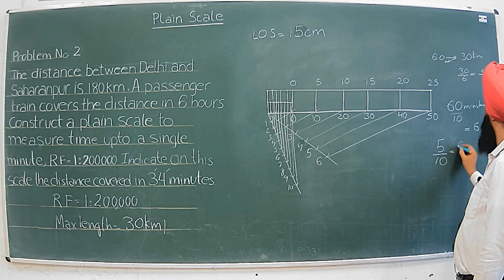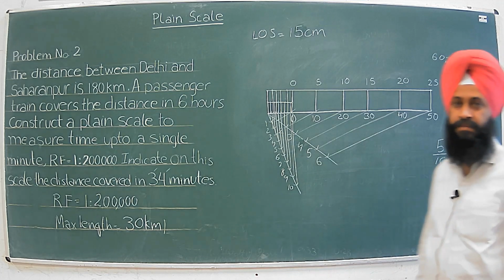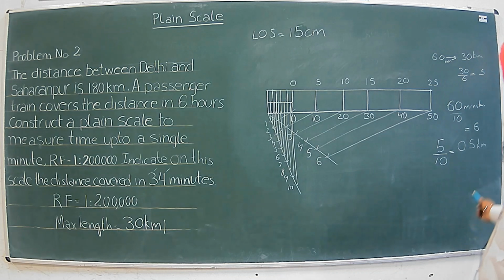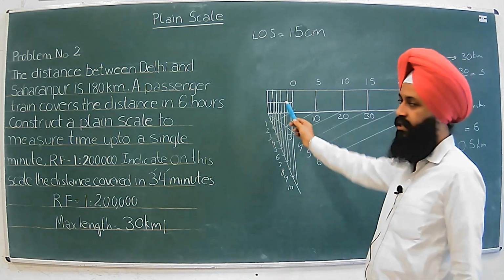So each smaller box is representing 0.5 kilometers.